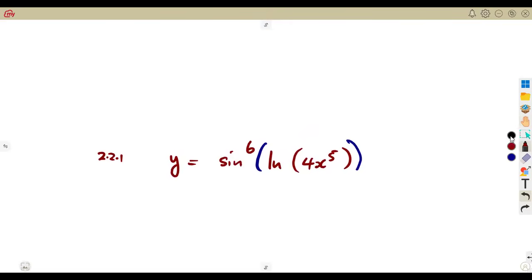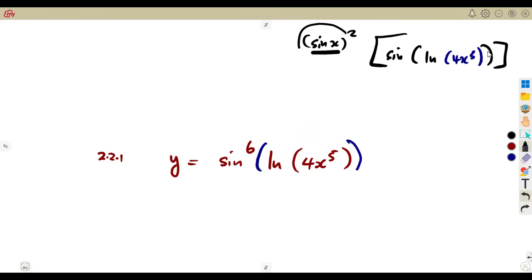So considering this, we can say this is simply going to be part of a function like what we had. Remember when I was differentiating sine x squared, we considered the power, then the derivative of what is inside. This is the same thing that we are seeing here. There's a power. We're going to write this as sine of the ln of 4x to the exponent of 5, everything like this being raised to the exponent of 6. So you're going to drop the power first, which is the power that you're given.